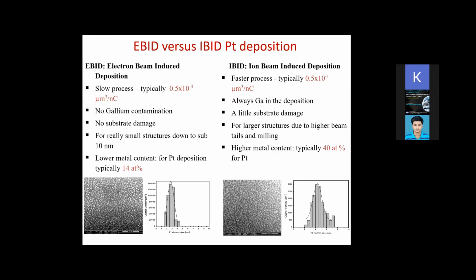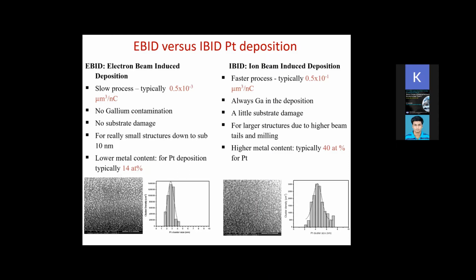As I have told, whenever you are using ion beam for your lithography purpose, some ions will be implanted. That means if you take an EDAX after doing some ion deposition or ion milling, you will always find some gallium in the EDAX data. That is because of the gallium contamination due to implantation.